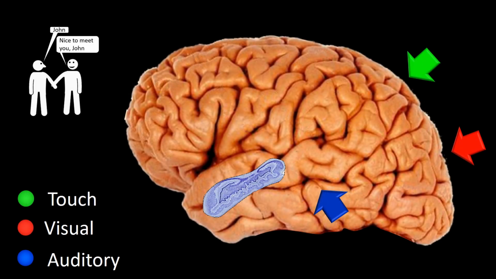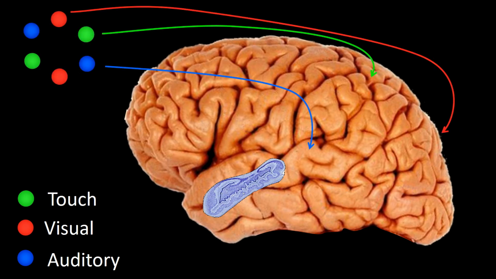So during this encounter, the one acknowledging the introduction will receive the information in each of the primary cortices, then pass it on to the unimodal and heteromodal association cortices where information will be analyzed.